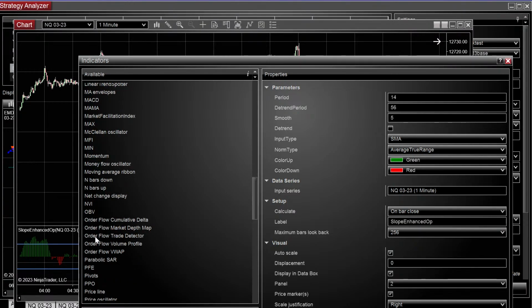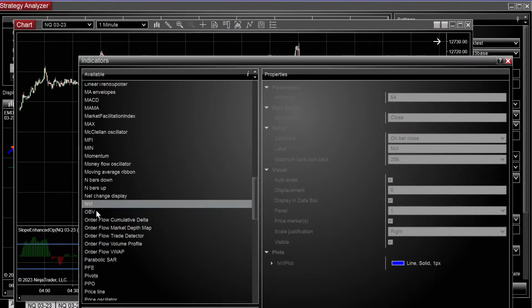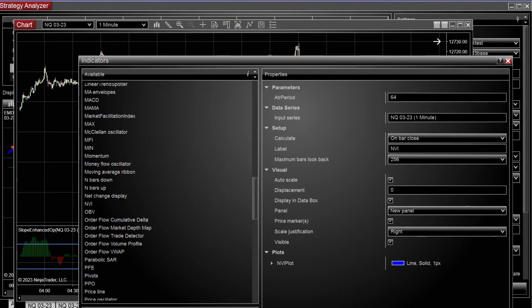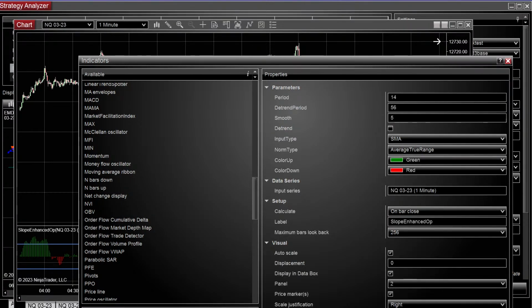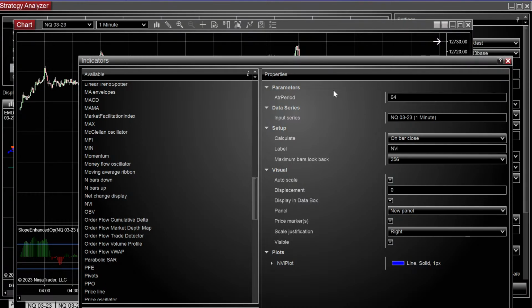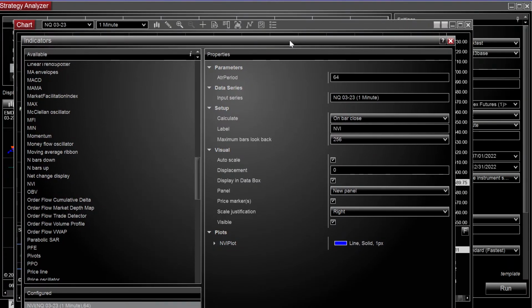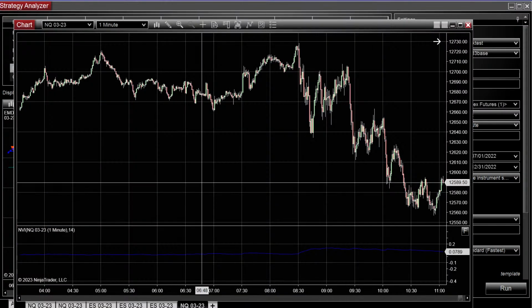But what we do have is the NVI. The NVI is the normalized volatility indicator that is based off of the ATR. So we'll change it to 14 because that's the default ATR. And let's see what this looks like.